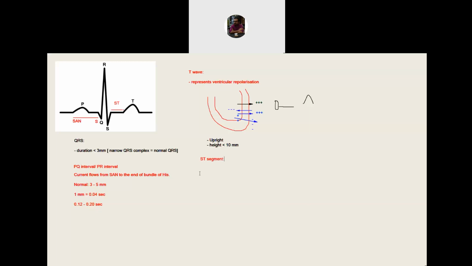The length of the ST segment is not important. What is important is its position. Is it elevated upward, which is called ST elevation, or is it depressed downward, which is called ST depression? The normal finding is that it should be a flat line. So the ST segment is isoelectric, which means it is flat.